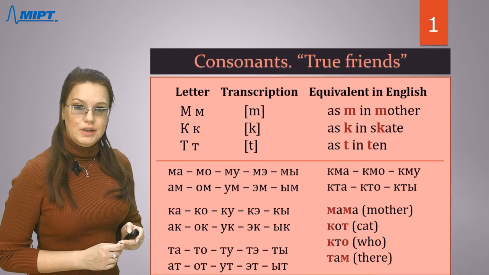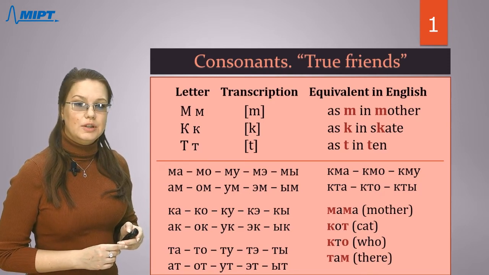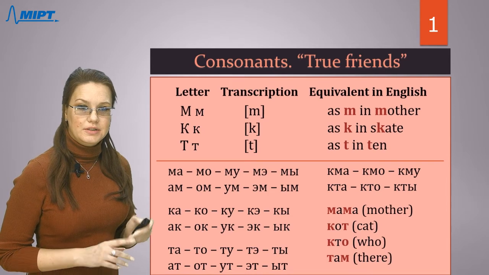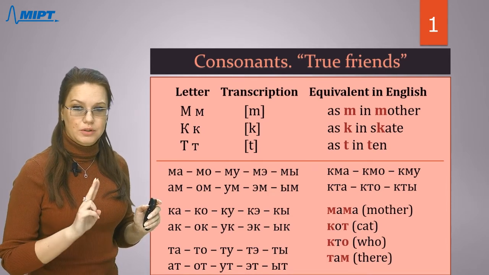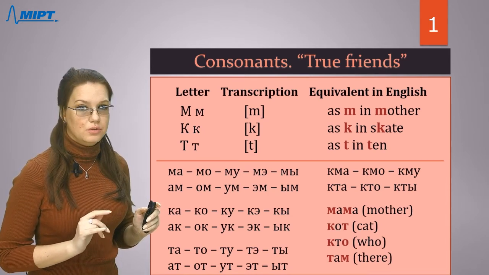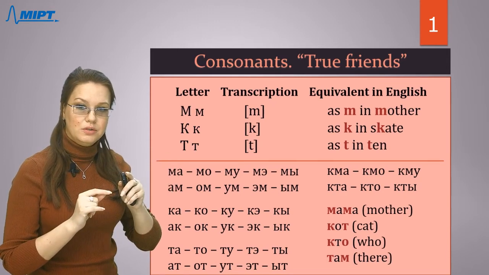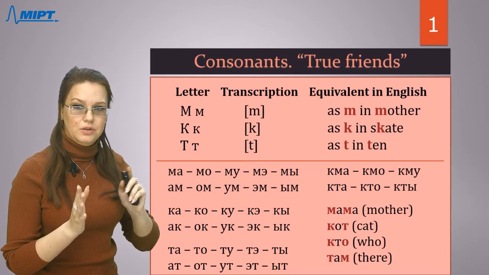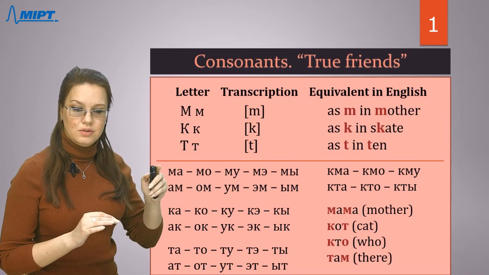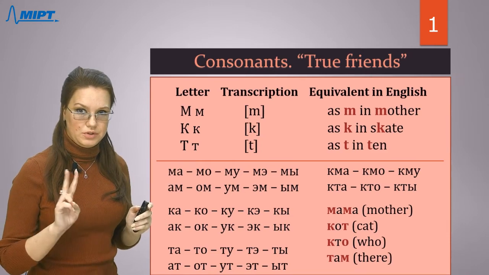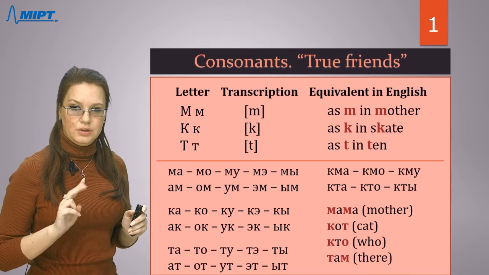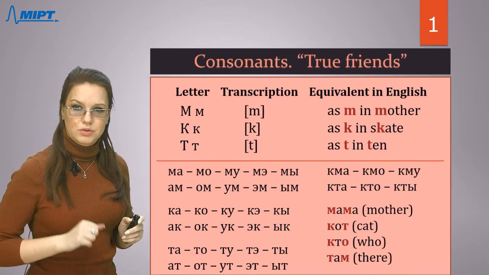I'd like to say that in Russian we can see this situation very often. I mean, when two, even three, or sometimes four consonants are together, between them we cannot see any vowels. So, like in this example, you see two consonants are together without any vowels between them.